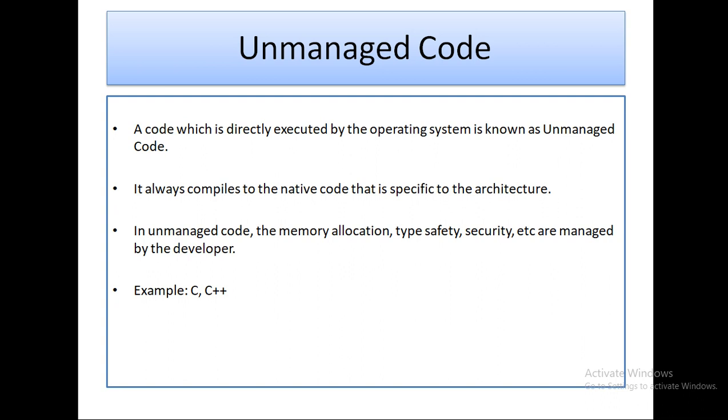The third point is that in unmanaged code, memory allocation, type safety and security are all managed by the developer, manually. In managed code, as we just discussed, you don't have to do anything manually; memory allocation, type safety and security are automatically managed by the managed runtime environment.